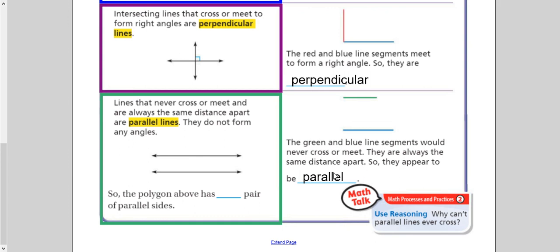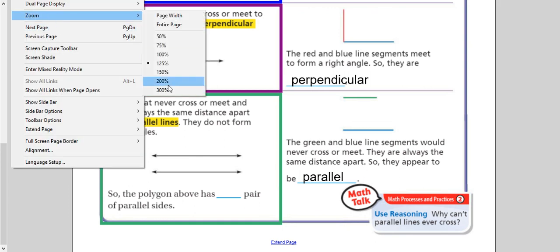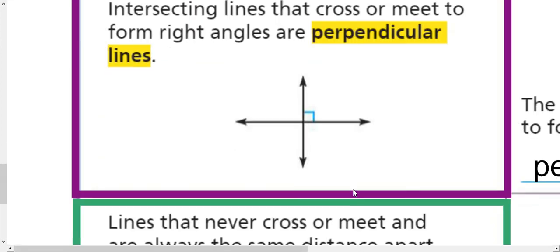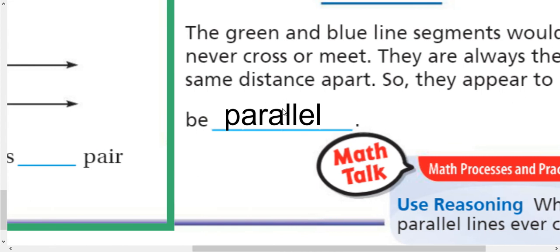If I take the word parallel and turn those L's into lines, just like the two L's that will never cross and meet, we've got the two lines right here. So that's how I always remember parallel lines.